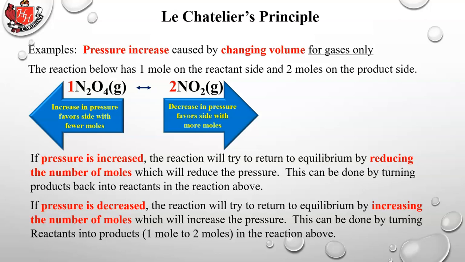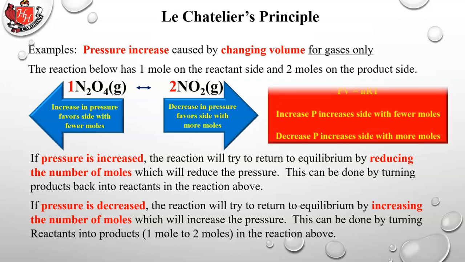This can be done by turning reactants into products, 1 mole to 2 moles in the reaction above. So again, this is all according to PV equals nRT. Increased pressure increases the side with fewer moles. Decrease in pressure increases the side with more moles. That's the way the reaction is going to react.